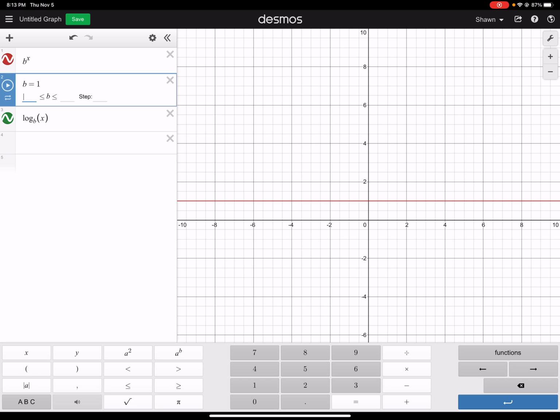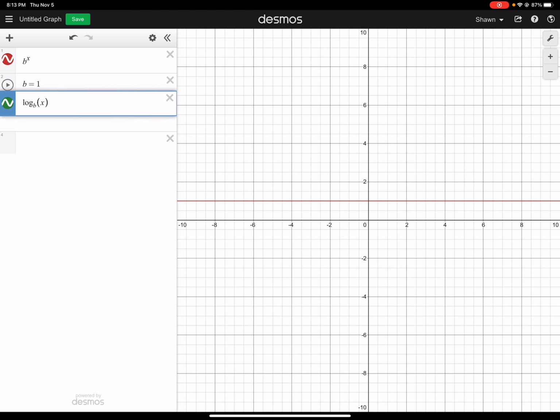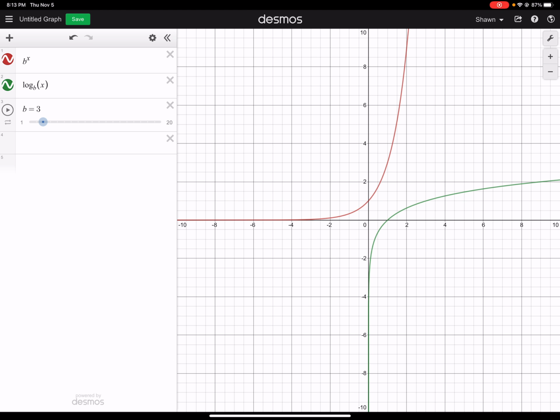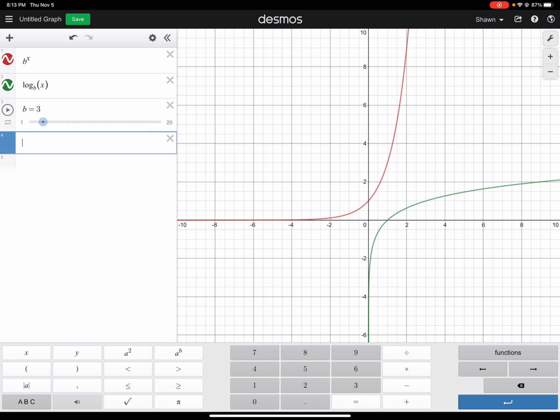And this I'm going to change from 1 to 20, and we'll step by 1 each time, and maybe pull that up there. Okay, so here's what we have, you guys. Let's also put in y equals x.